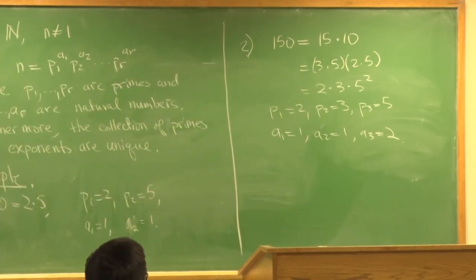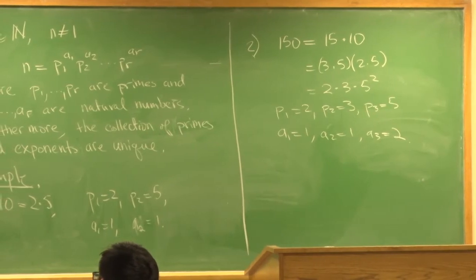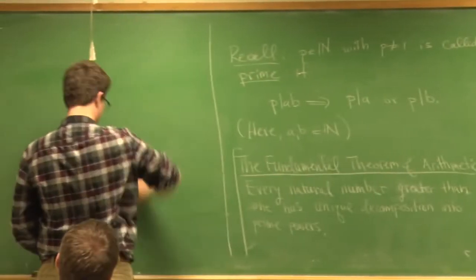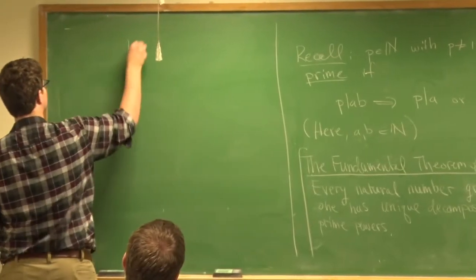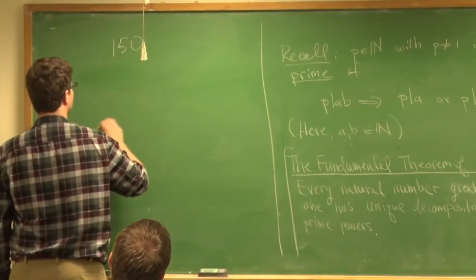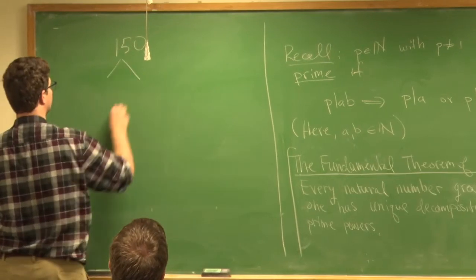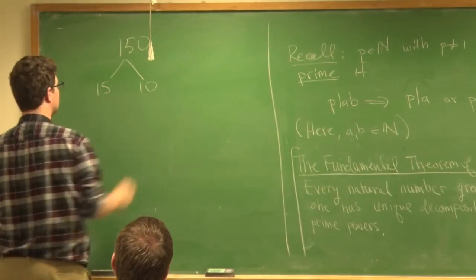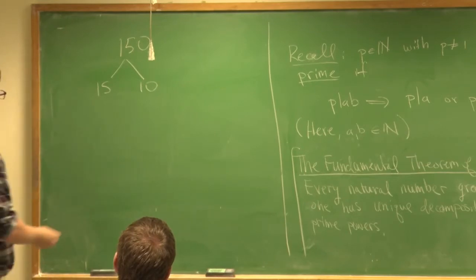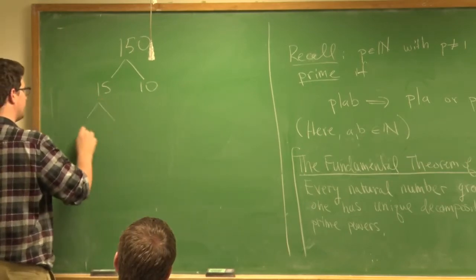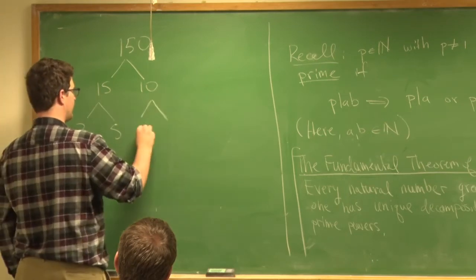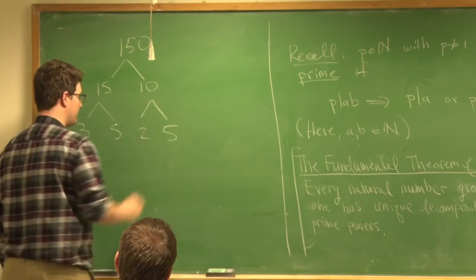Let me bring something really old back. So let's do 150. This could be 15 times 10, and then you could break this down into 3 times 5, and this could be 2 times 5.